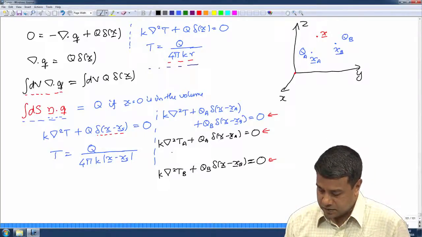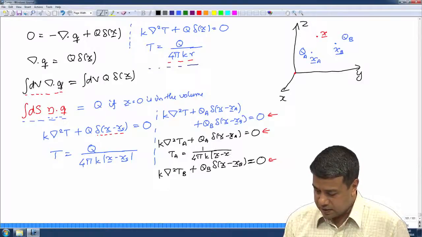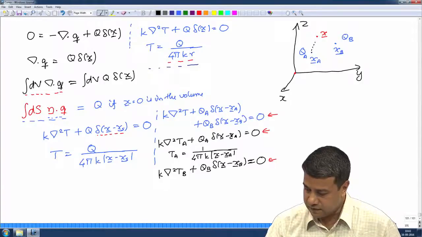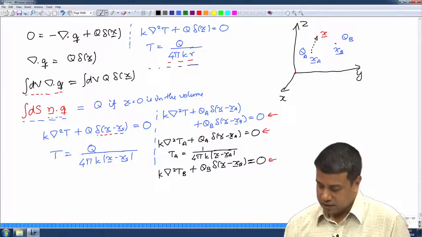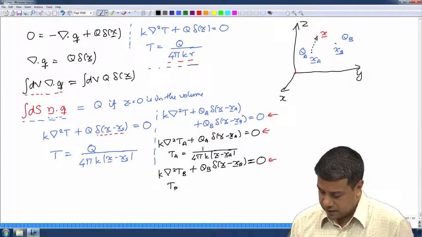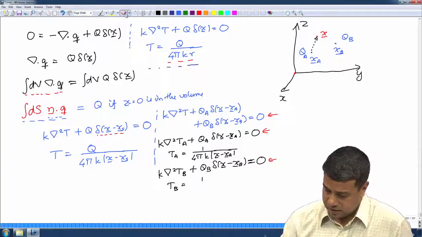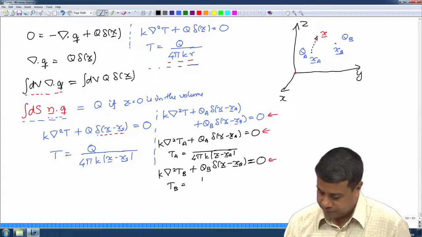So, the solution for T A is equal to Q A divided by 4 pi k into x minus x A, the distance of the location x from this source x A.